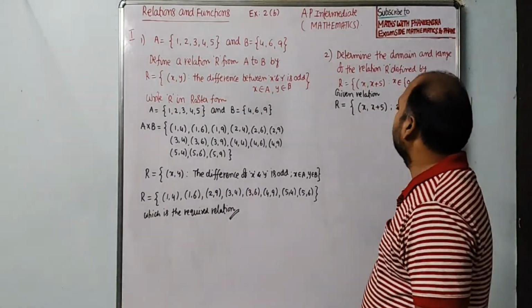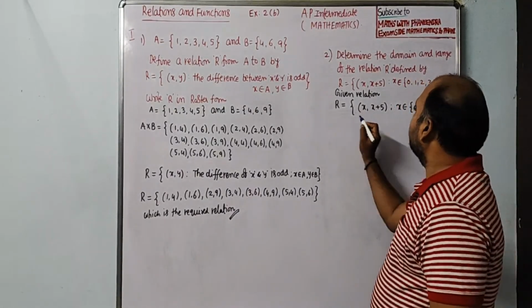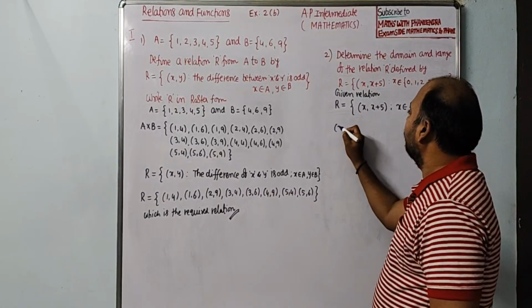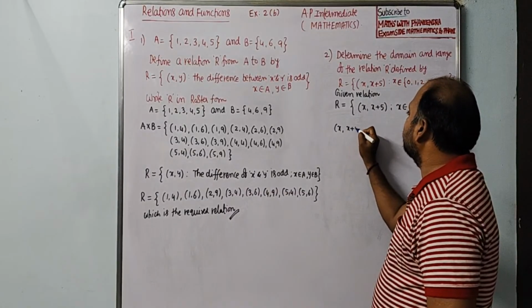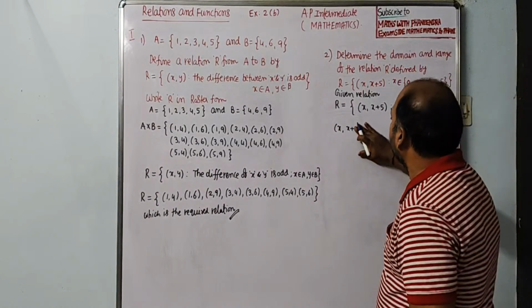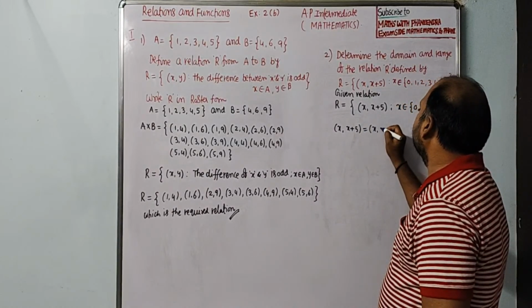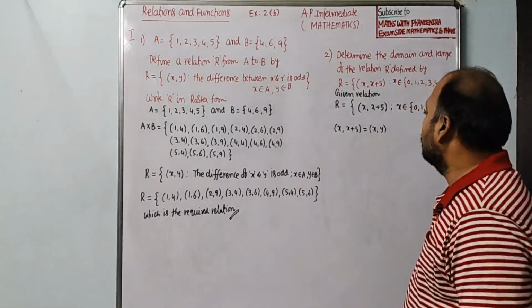Later, we have to write the elements. This is x, this is y: (x, x plus 5) is equal to (x, y), dear students.